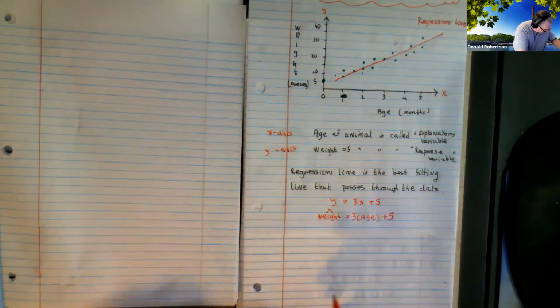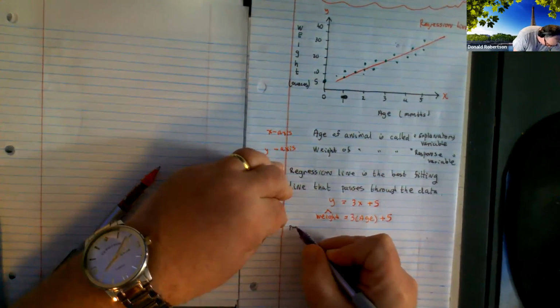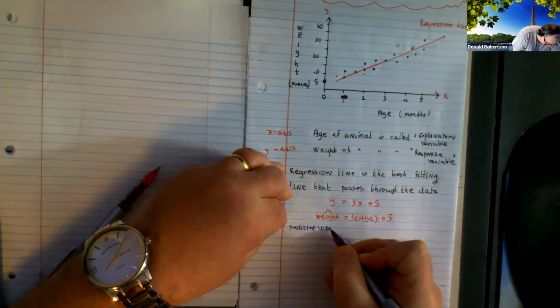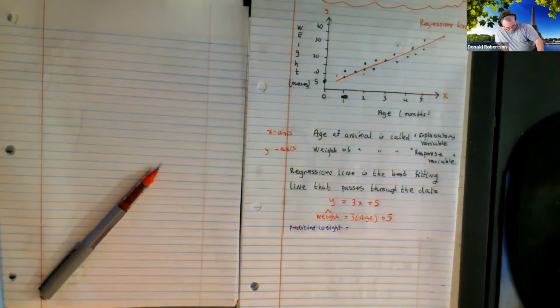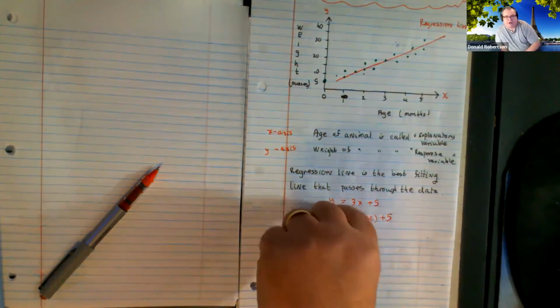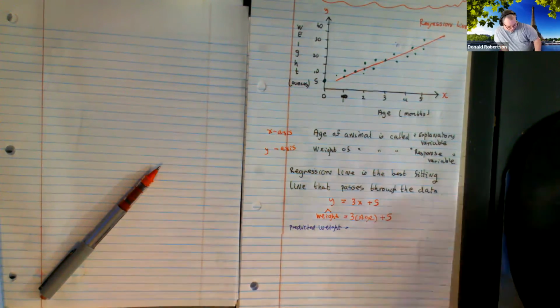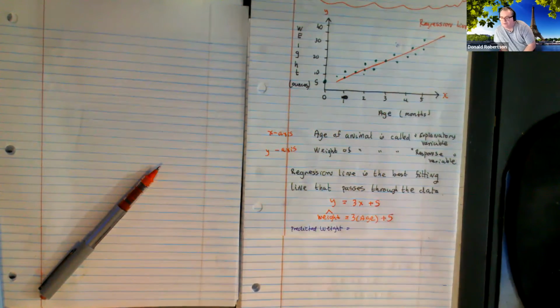And that's because this is the predicted weight. So that funny little hat on the top is predicted weight, rather than saying, in English, we put a little hat on it. So the predicted weight is 3 times the age of the animal plus 5. Does that seem reasonable?